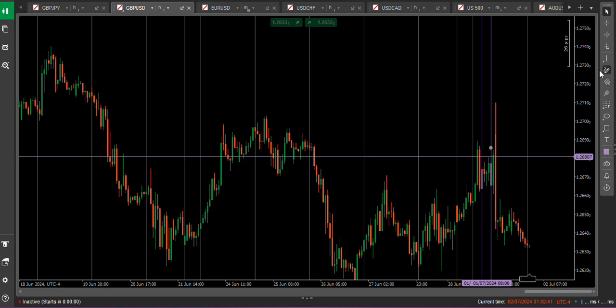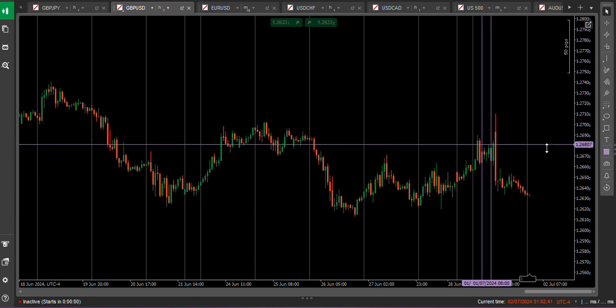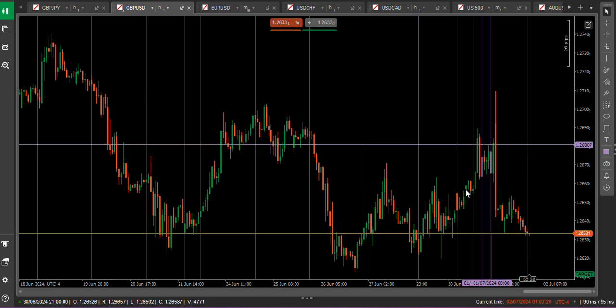Now in these two price points here, you want the highest point and the lowest point. You only want it for 15 pips.